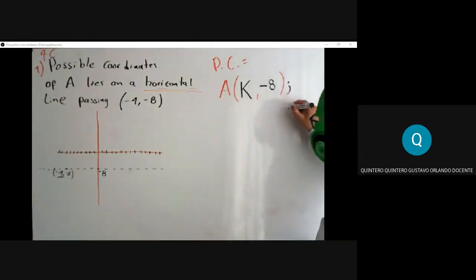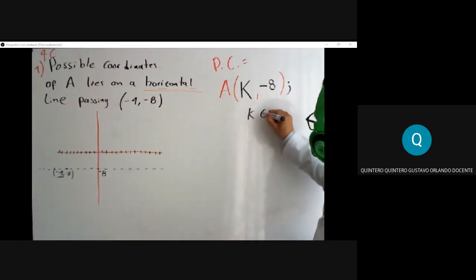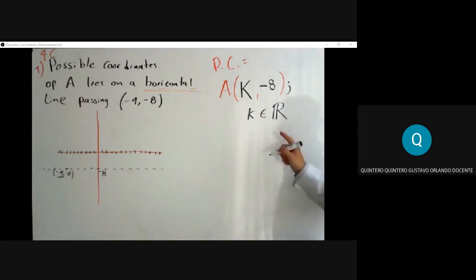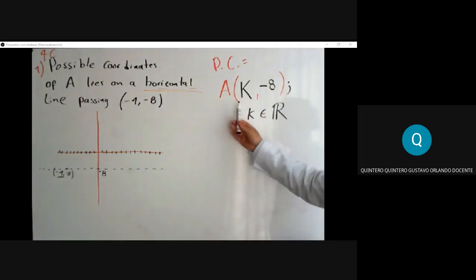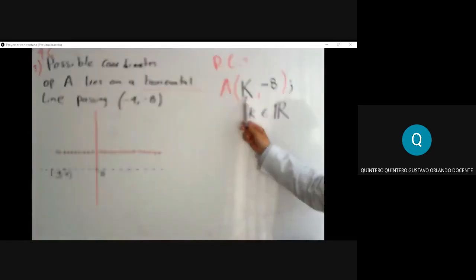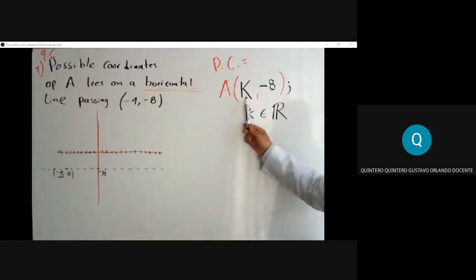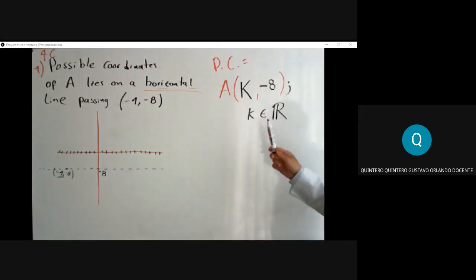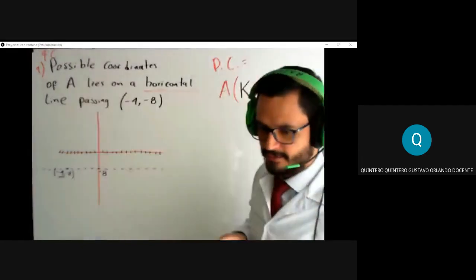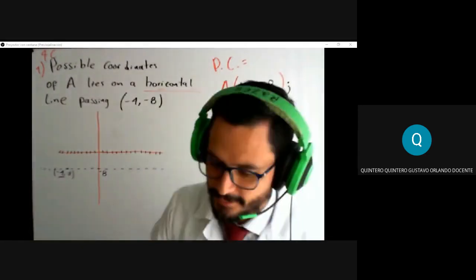Let me write it here. K being absolutely every single value that you want. K belongs to the real numbers, right? So every single possibility of a coordinate A has to be k comma negative 8. So again, any number that you want, comma negative 8. Those are all the possible coordinates of A. That'll be it. Thank you.